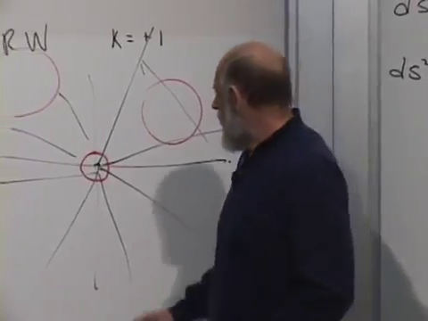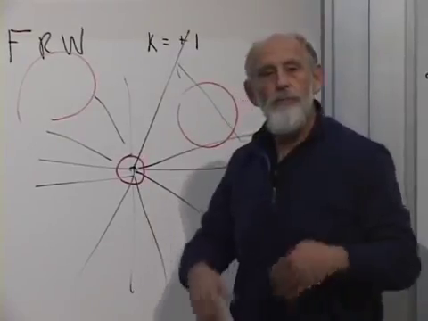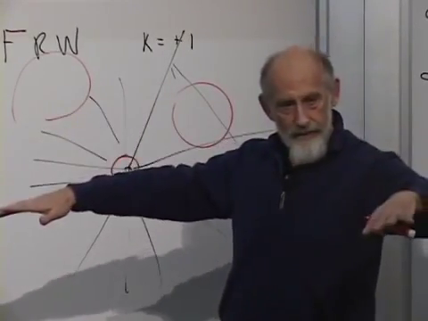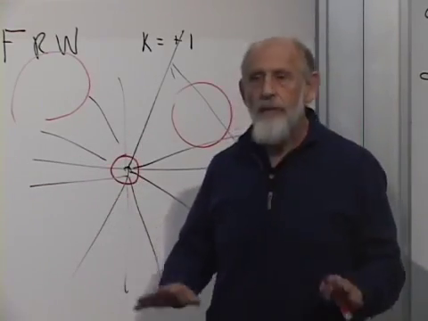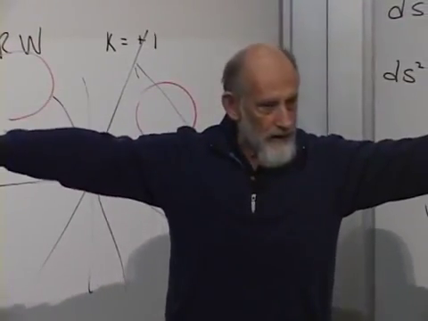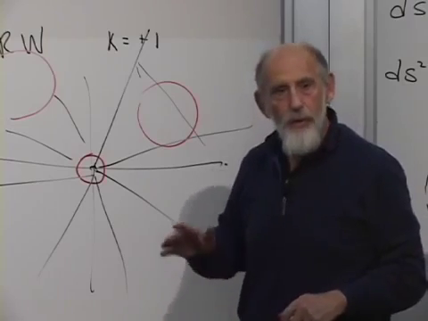When he looks at it, he will see an angle in the sky which is bigger than he would see if the space was flat. All right, that's something to keep in mind, because that's basically the way we determine whether space is curved or not. Right? By looking at angles of things whose size we think we know.